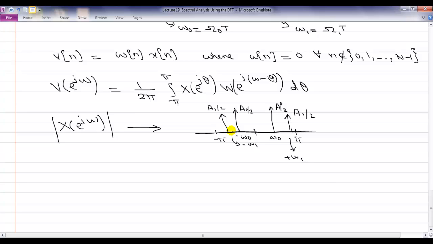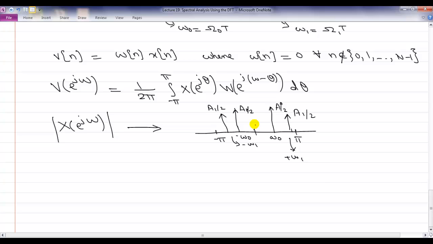Because of that shifting, V of e to the j omega will actually consist of no impulses. So even though we were looking for pure sinusoids, and pure sinusoids mean pure impulses, we actually end up with a Fourier transform which has no impulses. And it can even get worse.